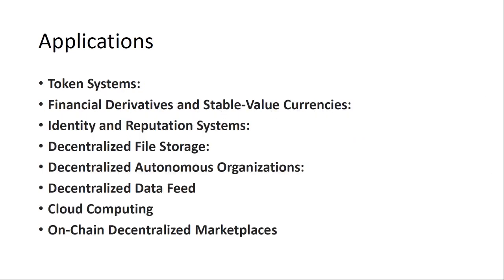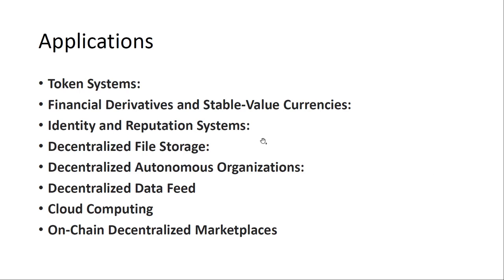We have other applications like token systems, financial derivatives and stable value currencies, identity and reputation systems, and decentralized file storage. It's the new thing, and it's becoming very popular nowadays. Also decentralized autonomous organizations, decentralized data feeds, cloud computing, on-chain decentralized marketplaces, and so on.